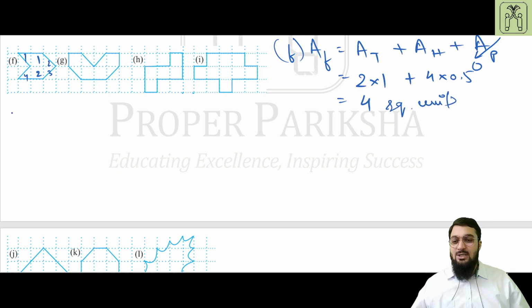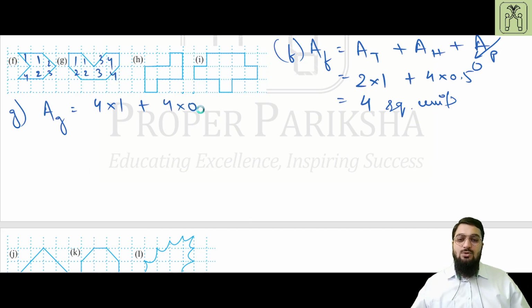Coming to part G: 1, 2, 3 and 4. The area of figure G will be 4 into 1 plus 1, 2, 3 and 4, so 4 into 0.5. That is 4 plus 2, equal to 6 square units.